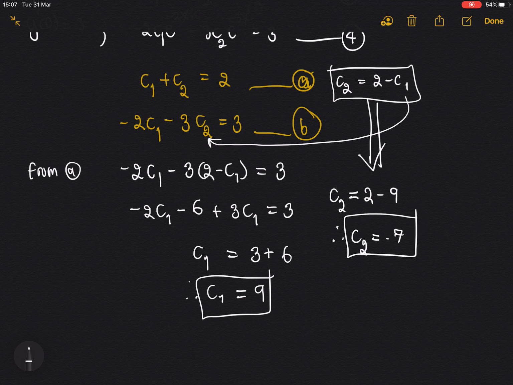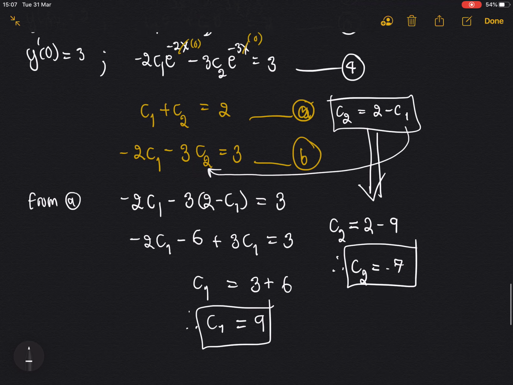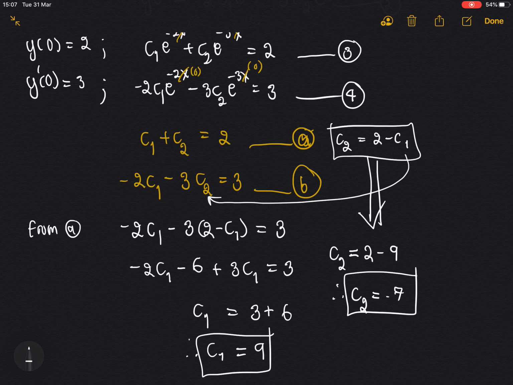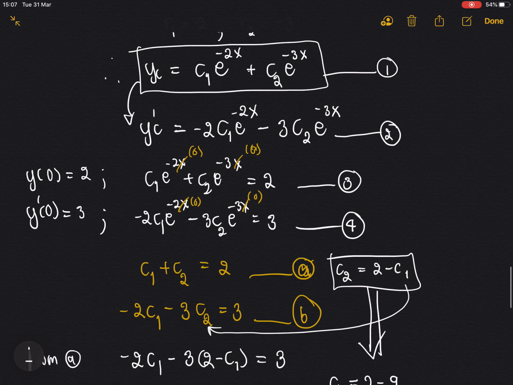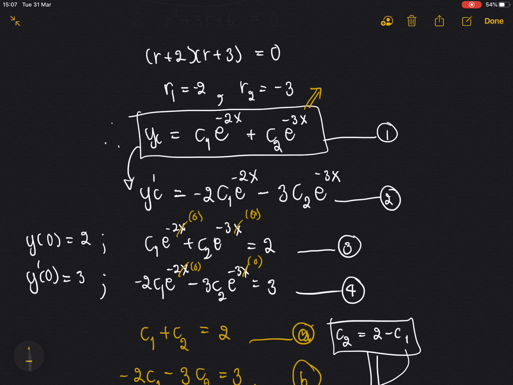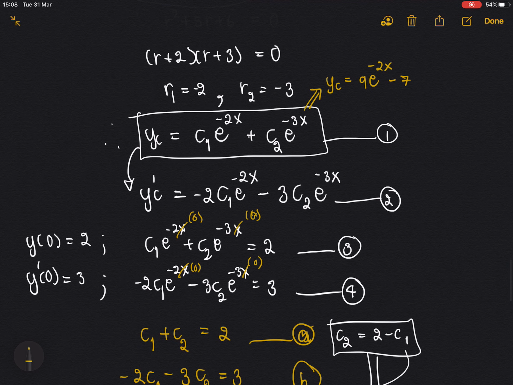So after we substitute the two initial conditions back into the statements of yc and yc prime, then we can determine the value of c1 and the value of c2. Therefore, the yc, the solution to that second order differential equation, is equivalent to 9 multiplied with the exponential of minus 2x, minus c2, which is minus 7, multiplied with the exponential of minus 3x.